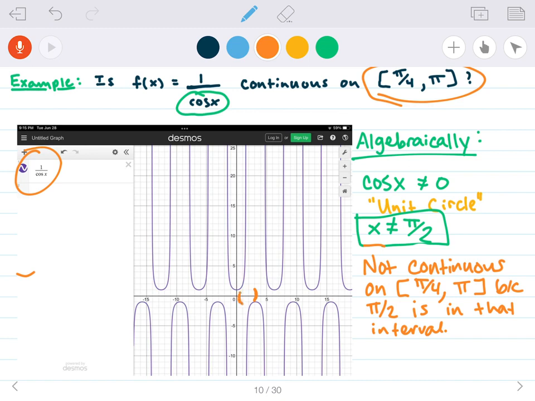That's our neighborhood that we're given. And you can see that this curve starts here, and then it has to jump at some point to get to this one. So we can see graphically that this isn't continuous in that neighborhood either.